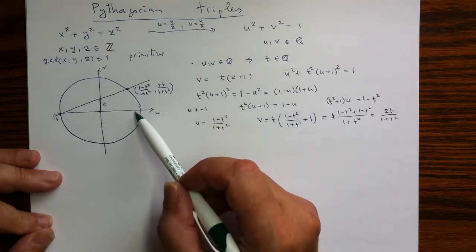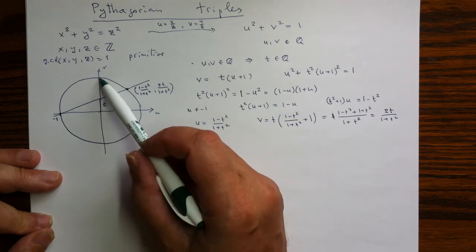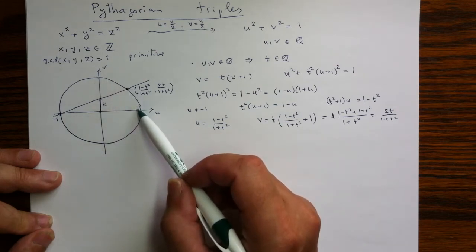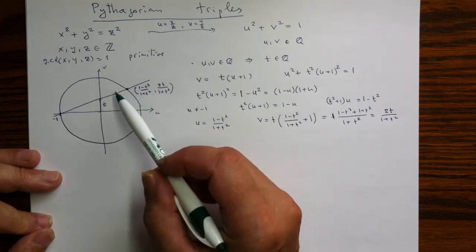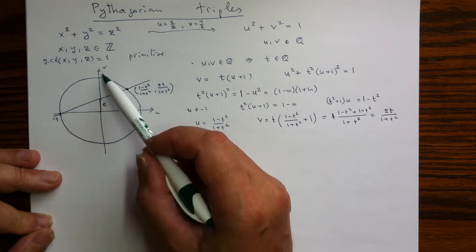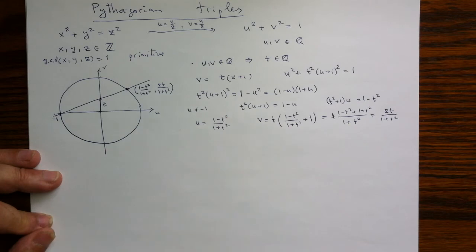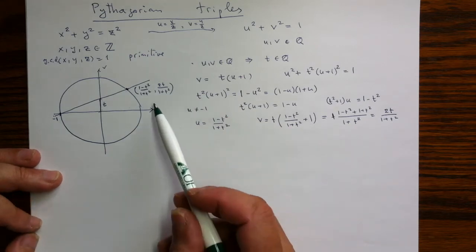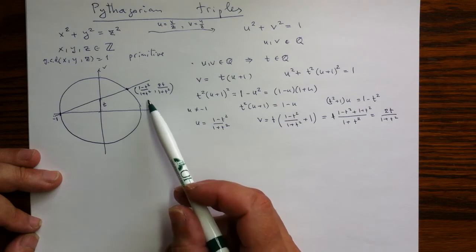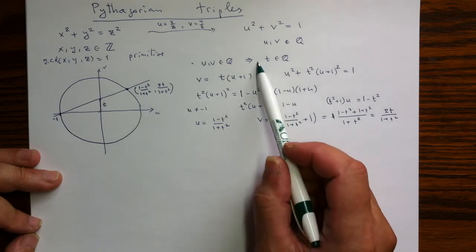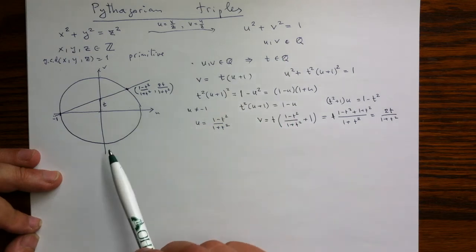So for example, if we look at t between 0 and 1, we will have the first quadrant covered, and for this quadrant we'll have to look at values of t larger than 1, and similarly for the negative half. So this is a parameterization which now will allow us to conclude the opposite implication.